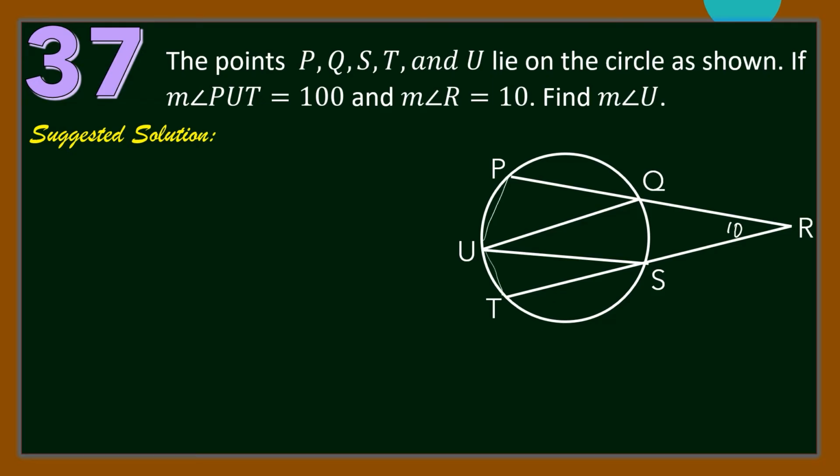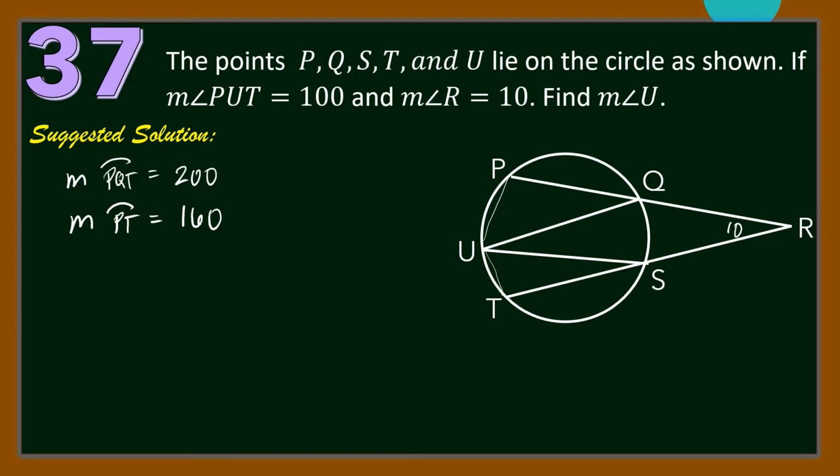If the measure of angle PUT is equal to 100, then the measure of arc PQT is equal to 200, since the measure of an inscribed angle is half the measure of its intercepted arc. Then if the measure of arc PQT is equal to 200, the measure of the minor arc PT is equal to 160.